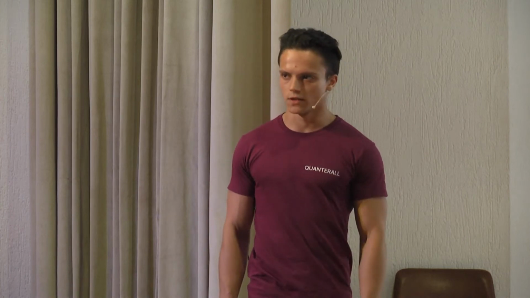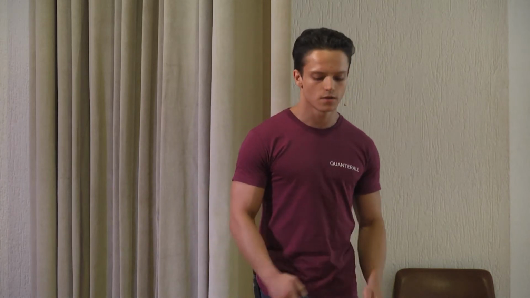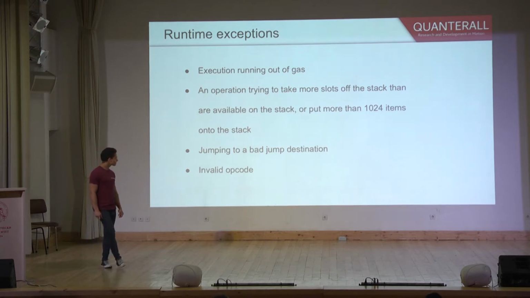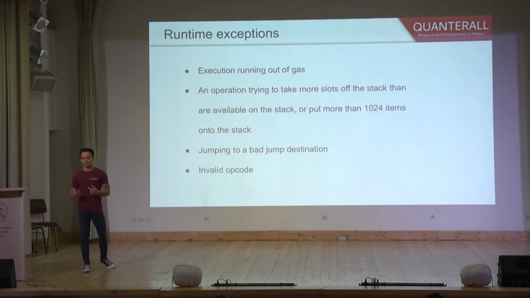And another one is jumping to a bad jump destination. That is because the only jump destinations in the bytecode are the ones labeled by the jump destination opcode, and determining them requires pre-processing of the bytecode, because there are some tricky situations like a byte that shouldn't be inside of a value of a push instruction, and so on.